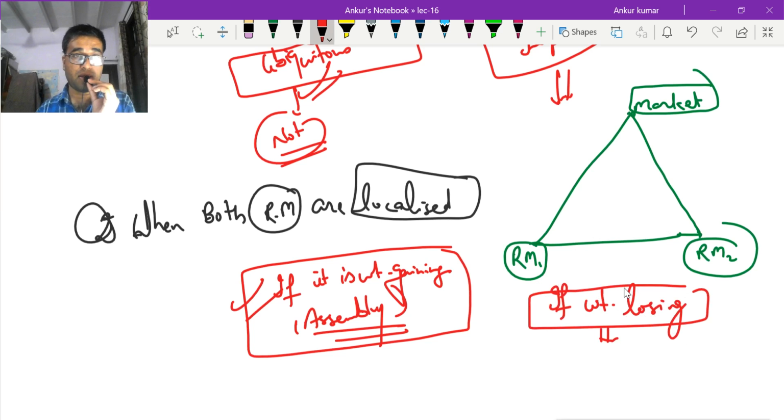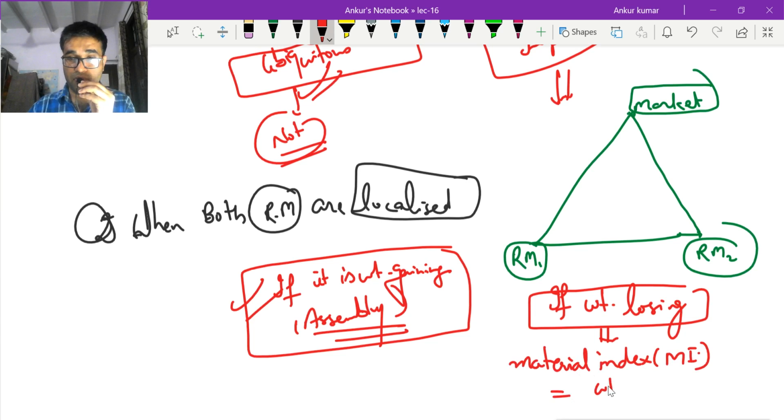And for this again Weber gave a mathematical concept, that is called the material index. Now what is material index? Material index is weight of raw material divided by weight of finished good, right?